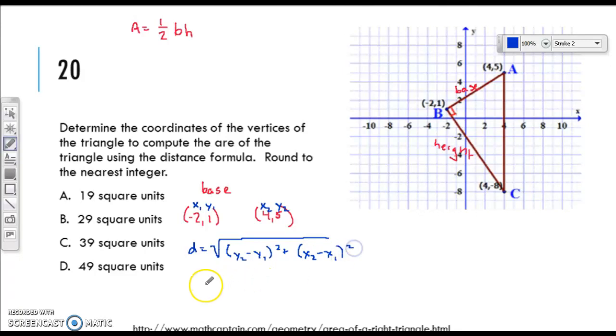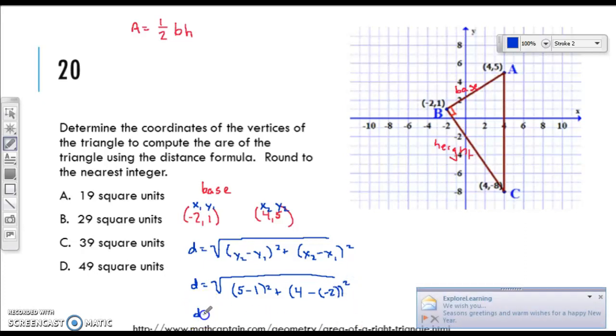So now I'm just going to plug in what I know. y2 is 5, y1 is 1. x2 is 4. Now this gets a little bit confusing here. The formula says subtract, and then what I'm subtracting is -2. That looks all complicated, but it's not so bad.